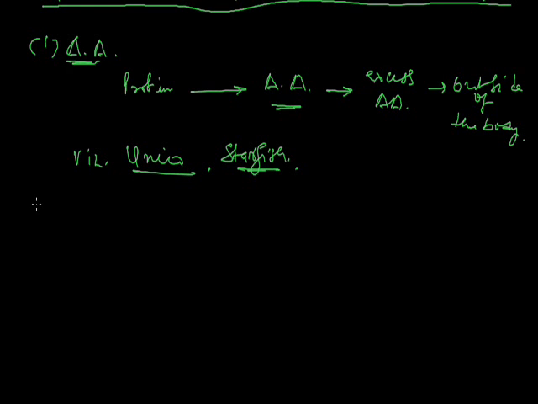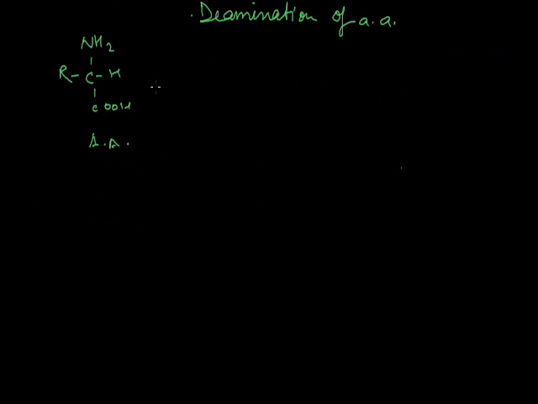The second nitrogenous waste material is ammonia. Ammonia is formed as a result of deamination of amino acid. This is the structure of amino acid.